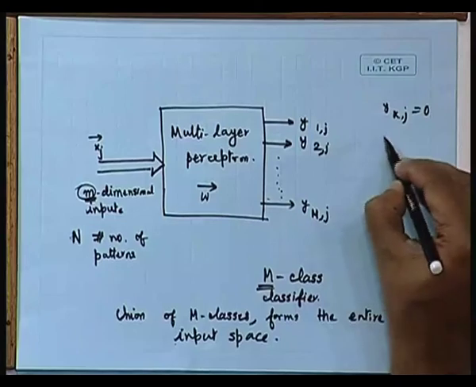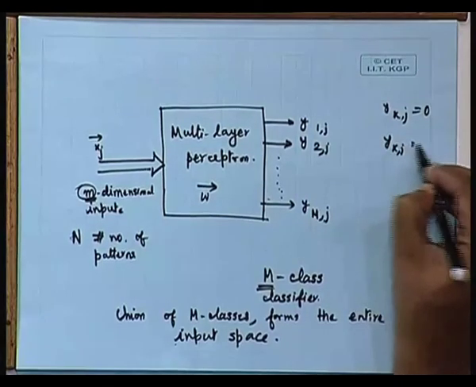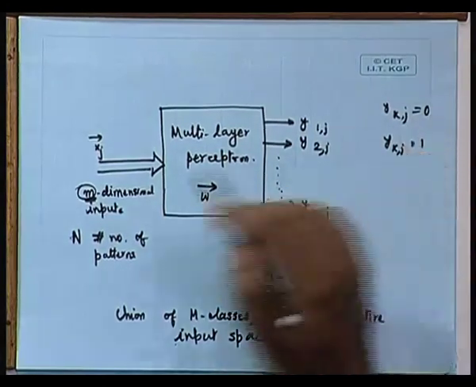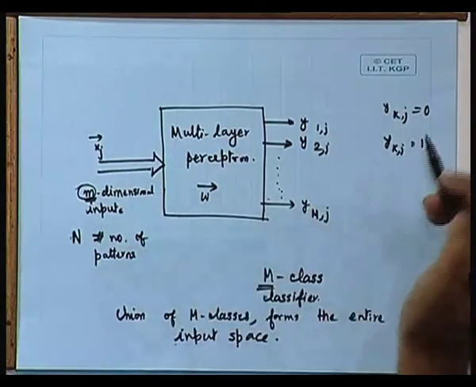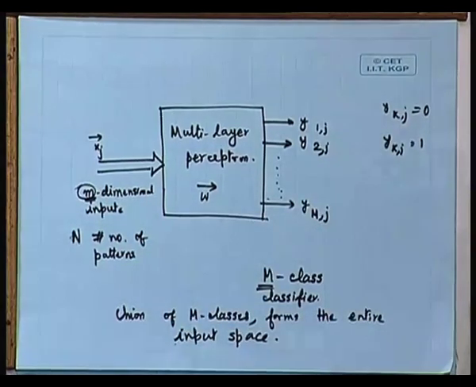And if we have y k j equal to 1, that means that the pattern j belongs to the class k.